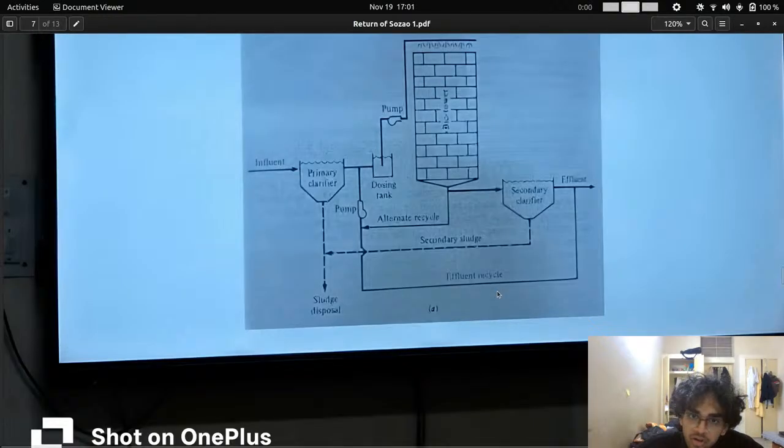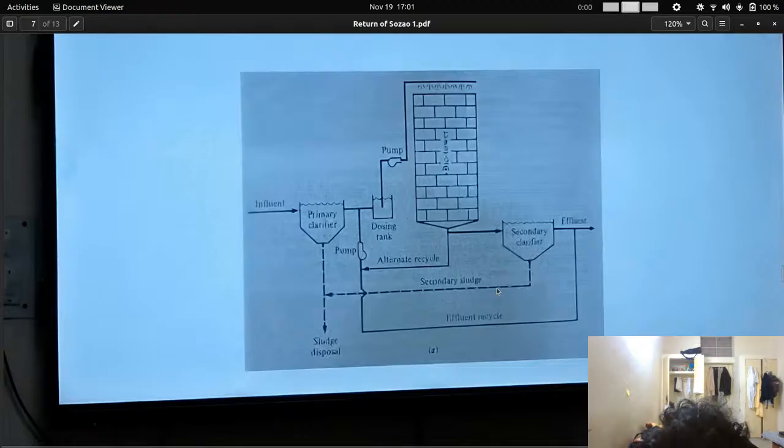Should I draw it? Won't hurt me if I do. It goes in the primary clarifier.